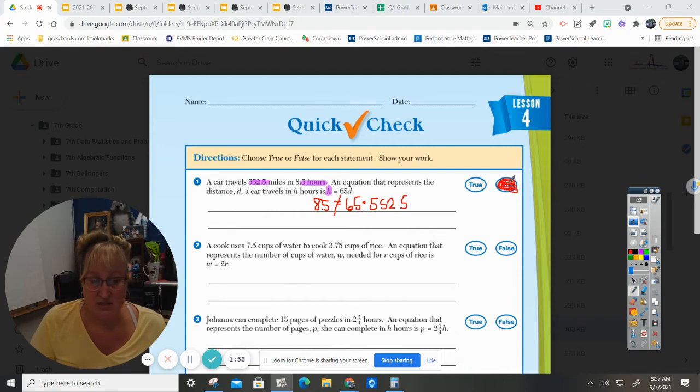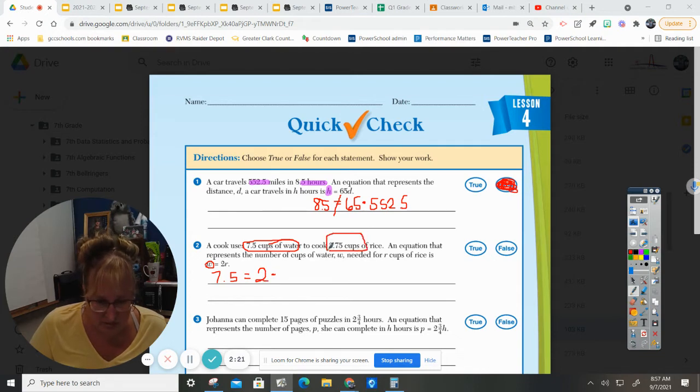This is one of those things that I was talking about when I do test taking skills. I don't really need to know anything sometimes. I just need to know how to test it. So again, I'm doing the same thing. It's saying water, so I'm going to put water in where water is. Does 7.5 equal 2 times the rice, 3.75?